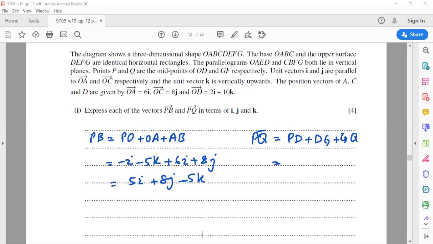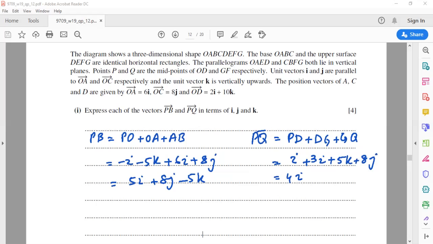Now by placing the values, our PD is i, and then DG is 3i, and the third one is 5k and 8j as it is.